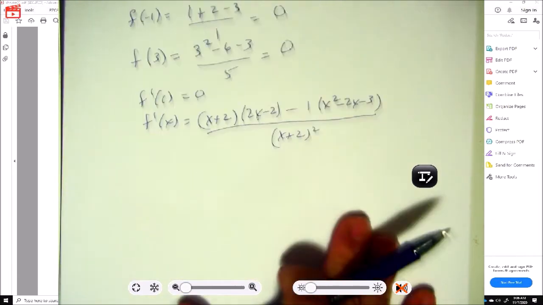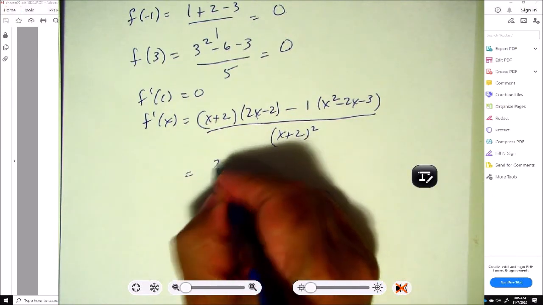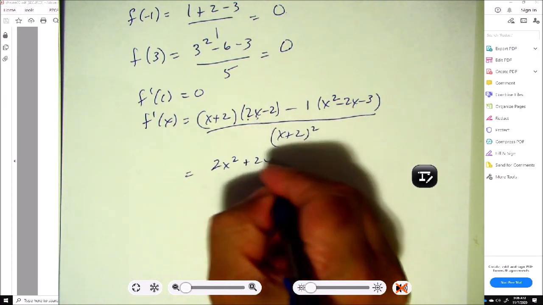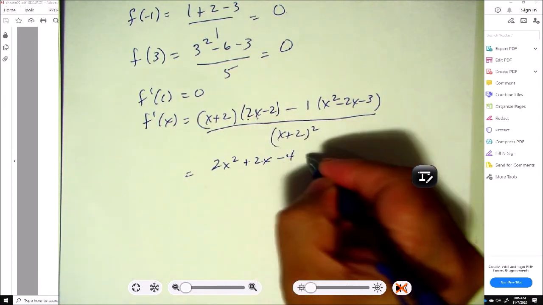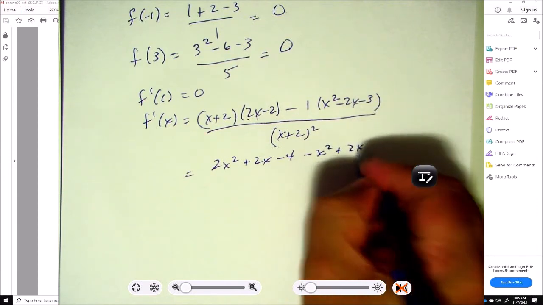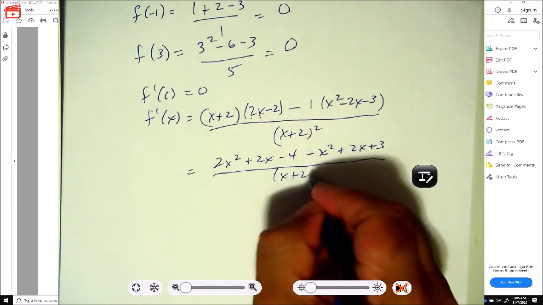Alright, let's clean that up. Go ahead and multiply that out. So that would be 2x squared plus 4x minus 2x makes plus 2x minus 4. I'm going to distribute that negative. So it's negative x squared plus 2x plus 3 all over x plus 2 quantity squared.